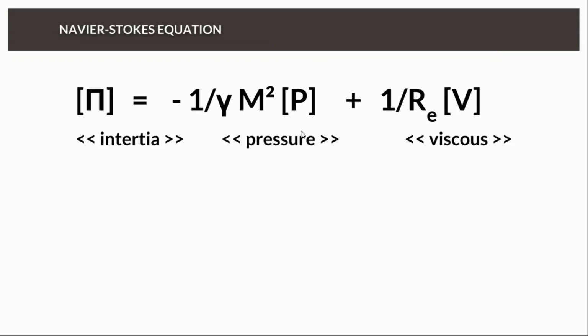And those two forces, the force coming from the pressure and the force coming from the viscosity, will then create the variation of speed of the air around the body, and hence the forces acting on it. So this is the first thing really to remember: the balance between inertia, pressure, and viscosity.